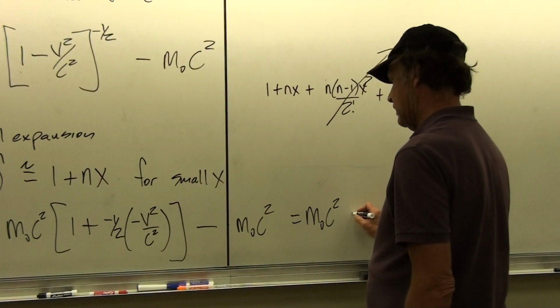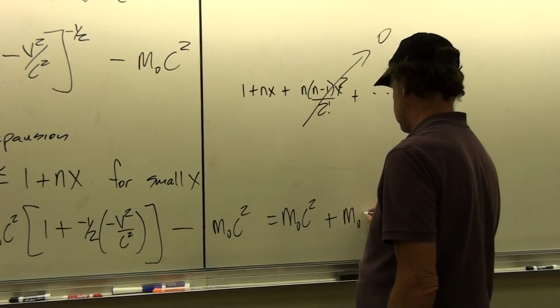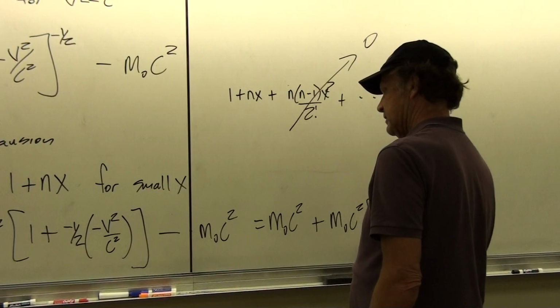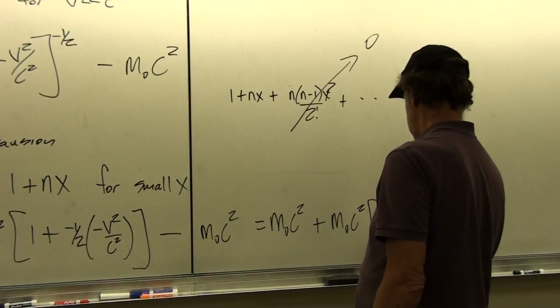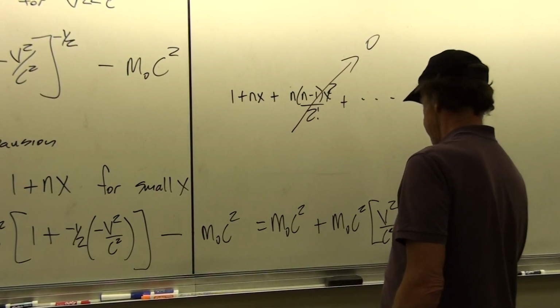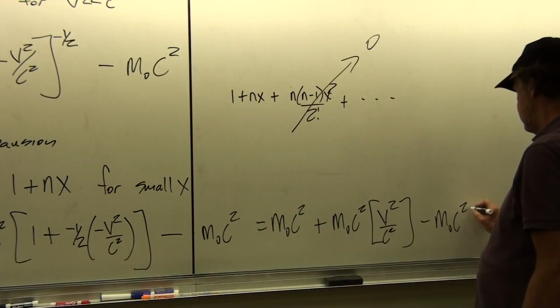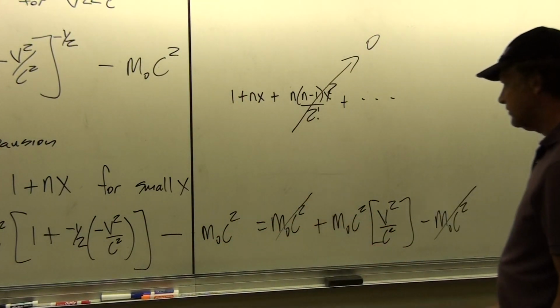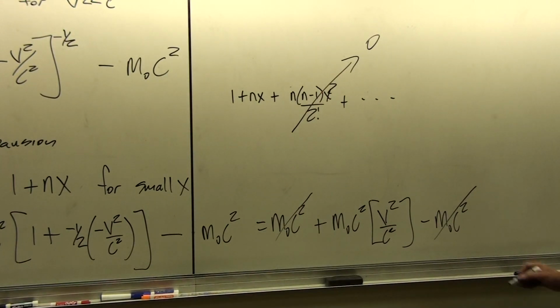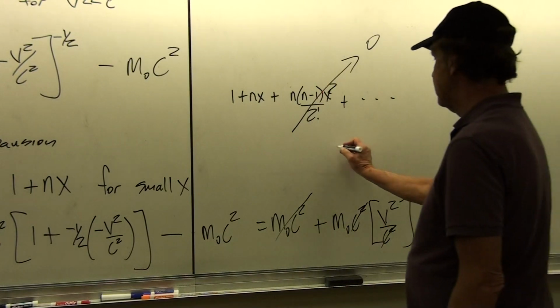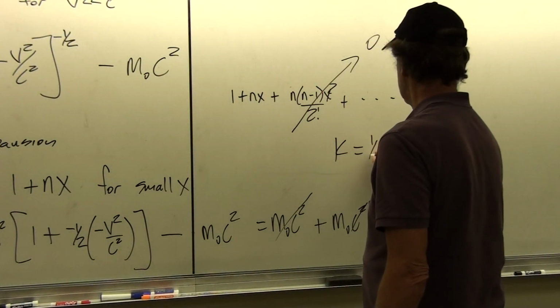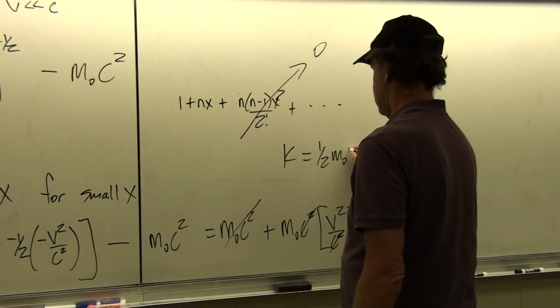So we get plus m naught c squared times v squared over c squared. And then we have here minus m naught c squared. So the m naught c squareds cancel. And here the c squareds cancel in the second term. So what we end up with then is just k equals 1/2 m naught v squared.